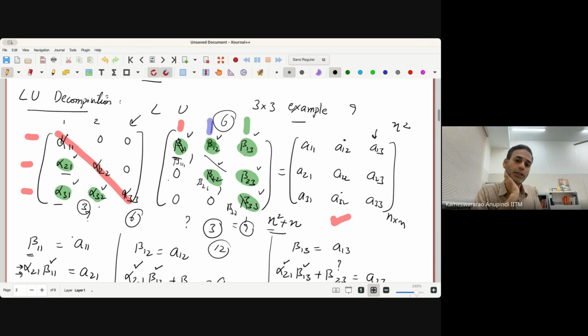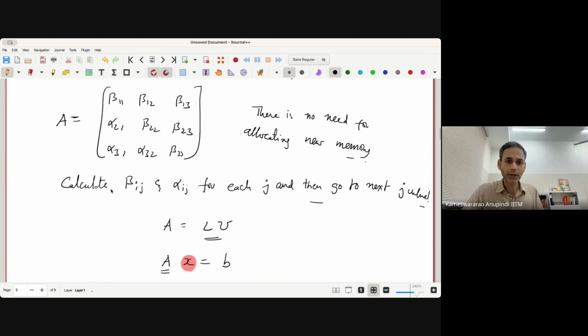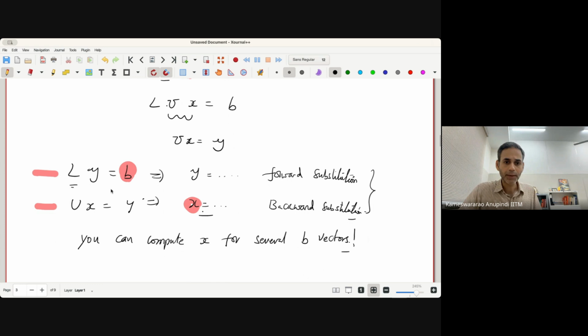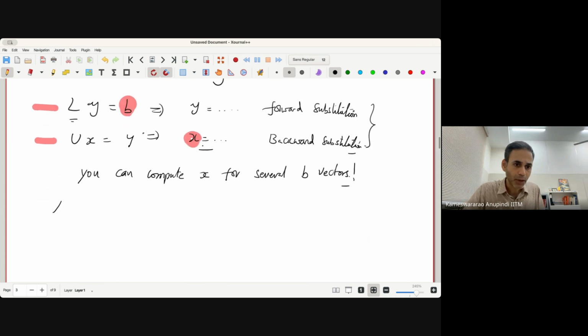Either you have to put ones for either the upper triangular matrix or for the lower triangular matrix. If you are going to put ones for the lower triangular matrix, that means you're going to keep your alpha ii equal to 1, and that particular algorithm is called Doolittle's algorithm.